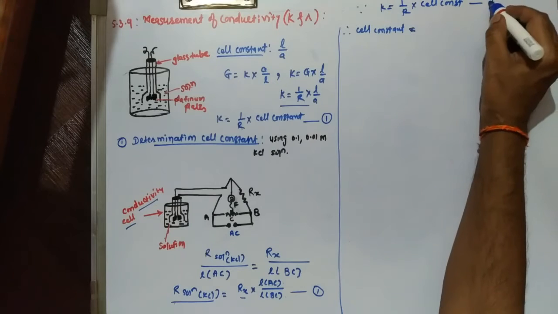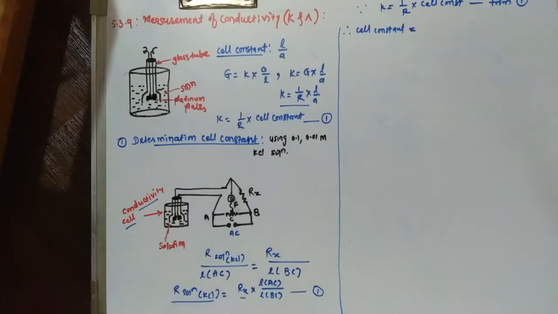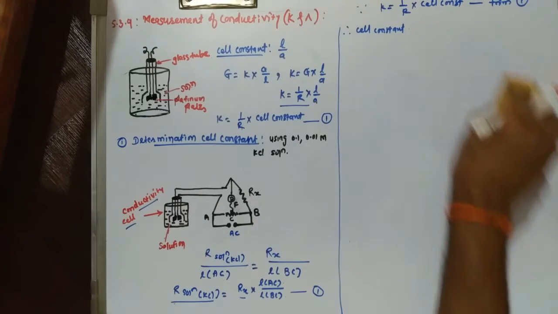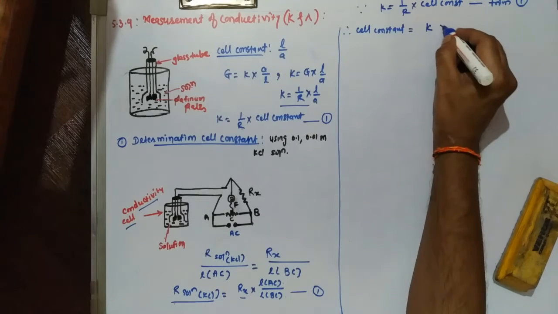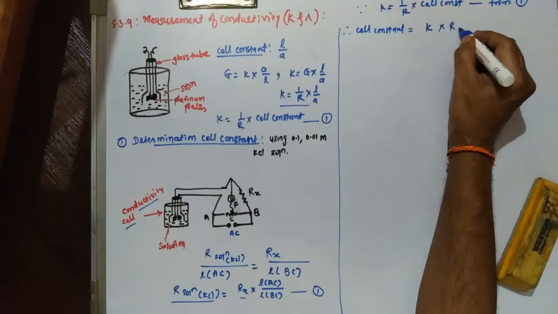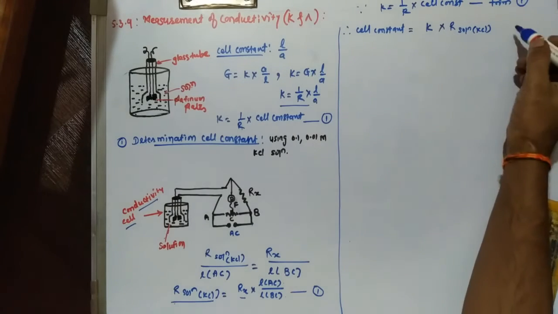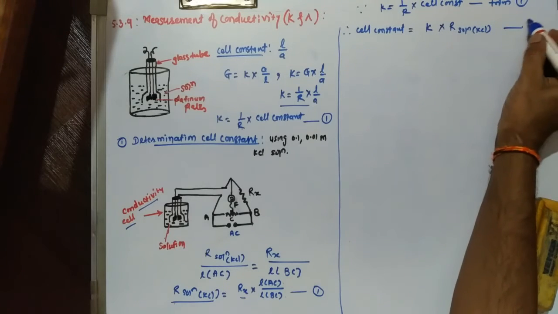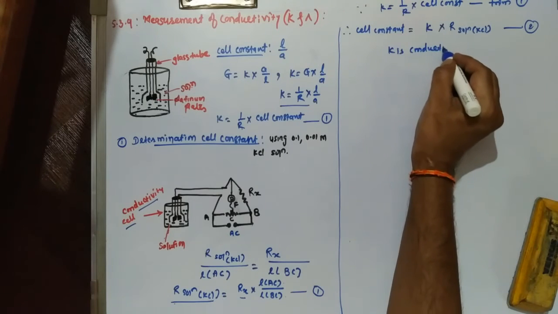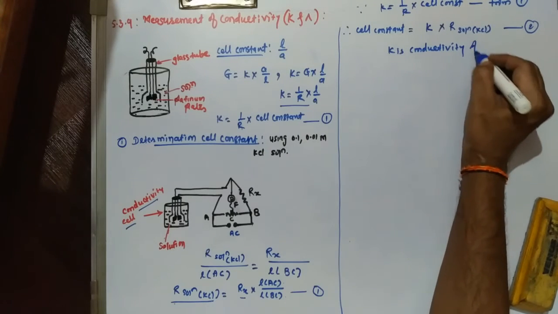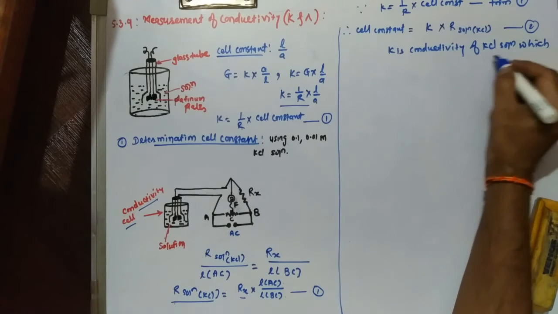This is equation 1. This equation can be rearranged for the cell constant. So cell constant is equal to K into R, that is, of the KCl solution. Here K is the conductivity of the KCl solution used, which is known.